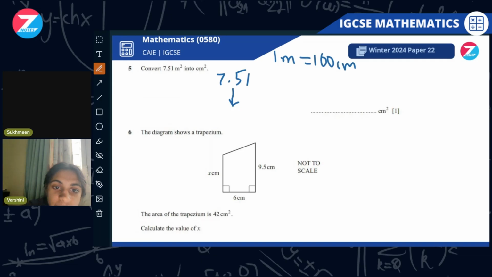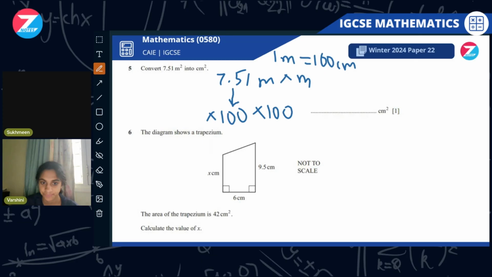So this is 7.51 meters into meters. To convert this into centimeters, we have to multiply by 100 for 1 meter, and again by 100 because it's meters squared.